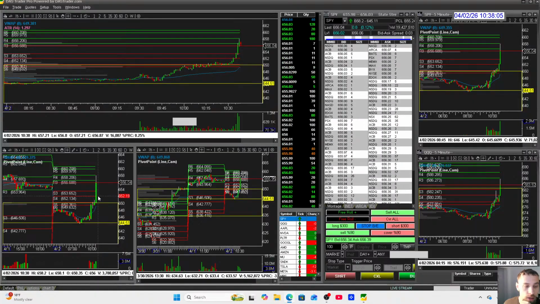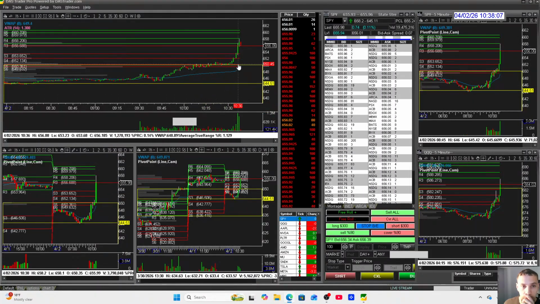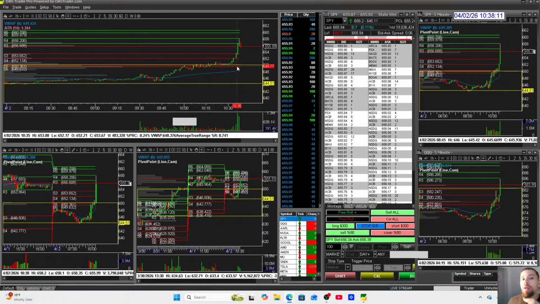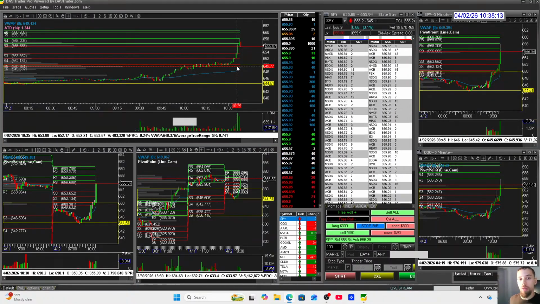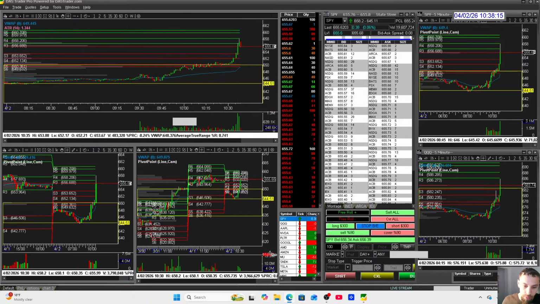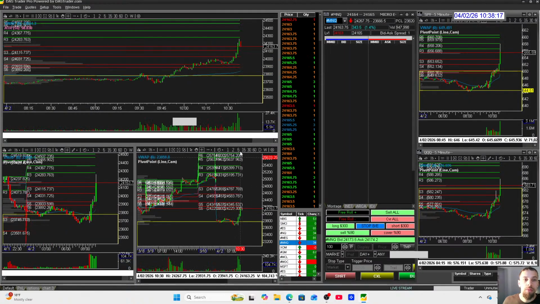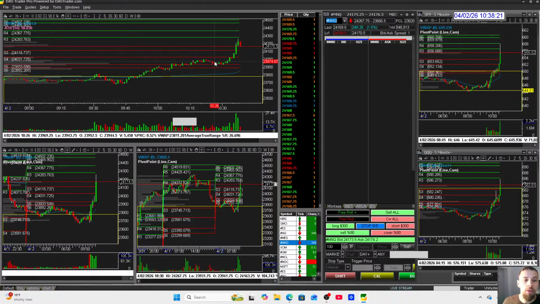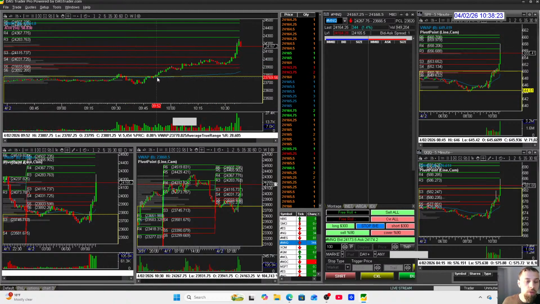Look at that candle. That is huge. Golly, man, if you were long down here to catch this break and then to have this just monster rally, it'd be awesome.